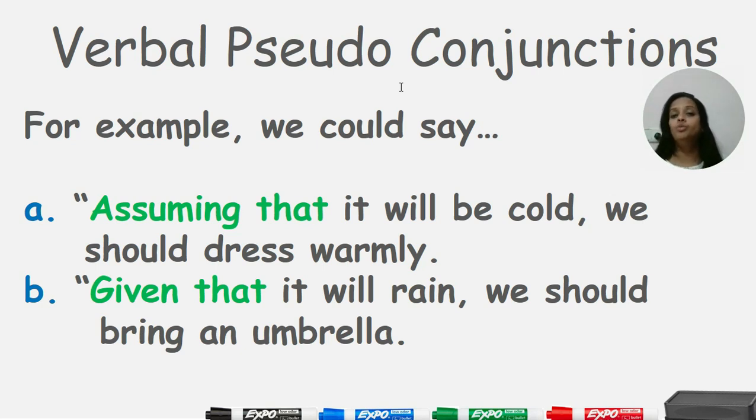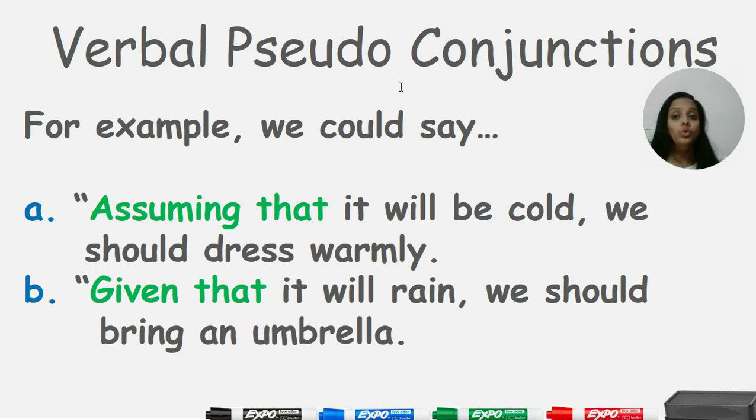And avoid using them as vague prepositional fillers. So words like with are prepositions, not pseudo conjunctions, even though some writers misuse them to link clauses. So don't use it in such a way.